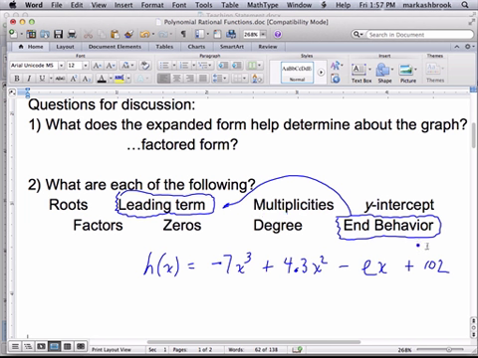So end behavior refers to the nature of the graph at the ends, at the right end and the left end. So at the right end, if we think about a graph here, we want to go way, way out to the right.